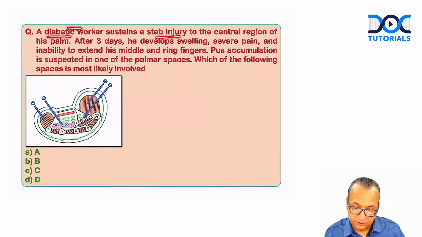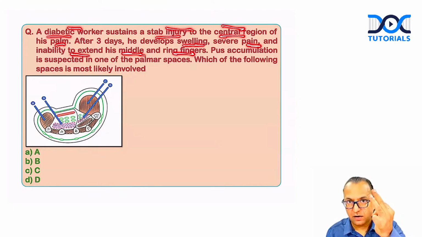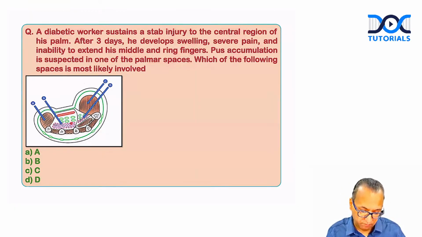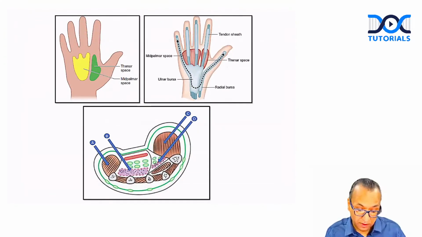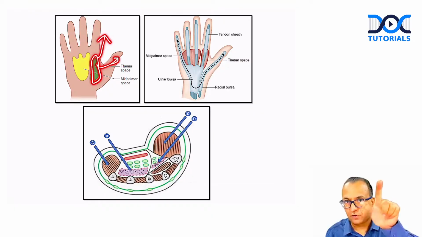Diabetic worker, stab injury, central region of the palm, developing swelling, pain, middle and ring fingers, pus accumulation in the mid palmar space, B. Giving some more details. There is a thenar space related with the thumb and the first finger, these two.